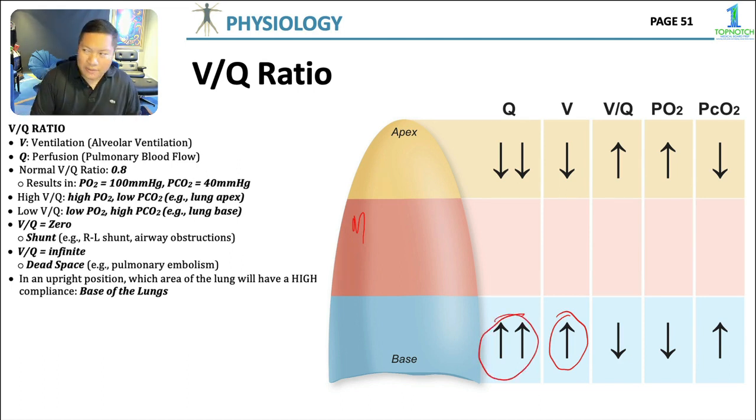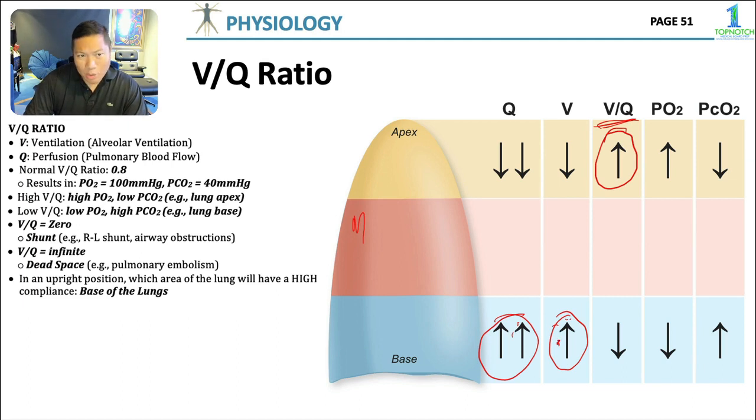Because of gravitational effects, the anatomic arrangement of blood supply, lung tissues, blood flow, and ventilation, in standing position, at rest, are highest at the base. However, the ventilation-perfusion ratio, which is more important, is highest in the apex.